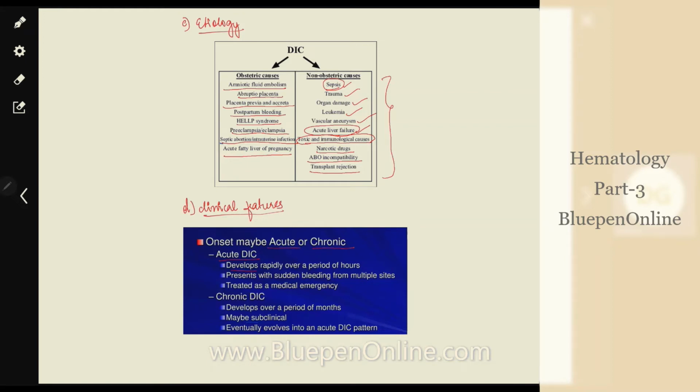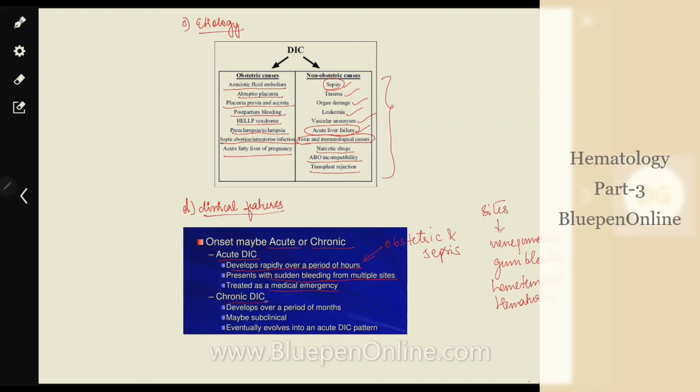Acute DIC develops rapidly over a period of hours, usually seen in your obstetric causes and sepsis, where the patient will present with sudden bleeding from multiple sites like venipuncture sites, gum bleeding, hematemesis, and hematuria. It is treated as a medical emergency.